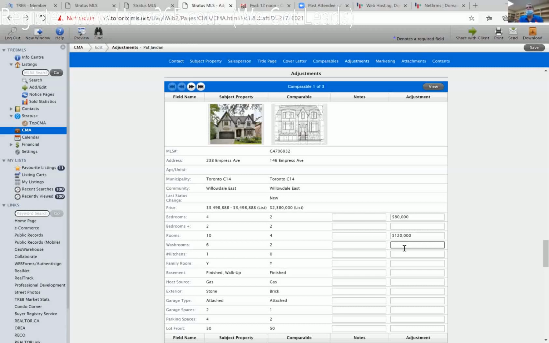Each washroom is almost 25,000, because for the new house it's 25,000. It becomes 100,000. But since the washroom of the comparable is an old washroom, we consider 2 washrooms as just one. Because 2 washrooms maximum is 25,000 for an old house, but that one is a 6. Therefore, one comes on that, it becomes 5 washrooms. 5 by 25,000, 125,000.